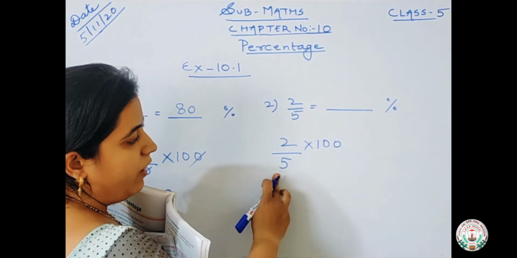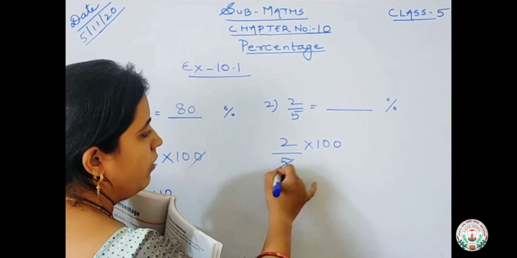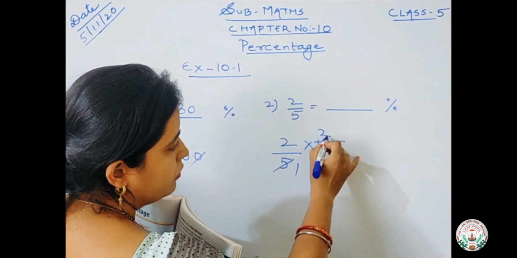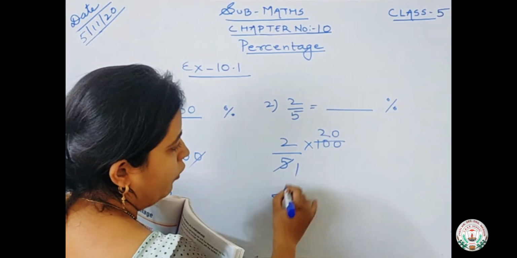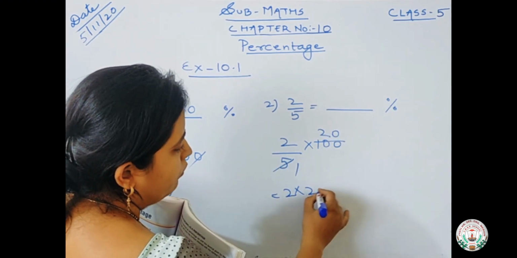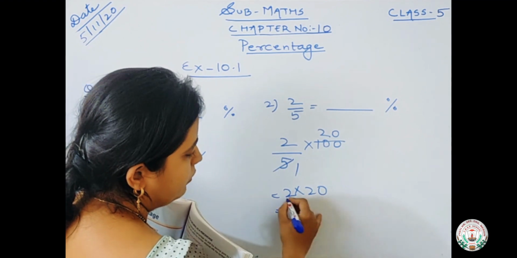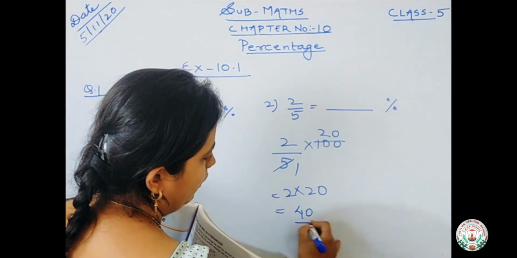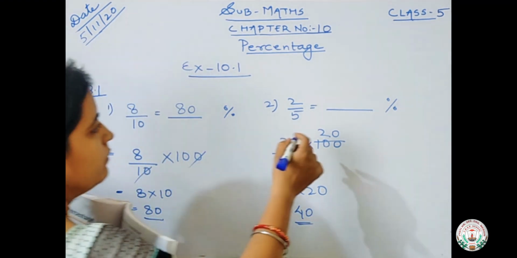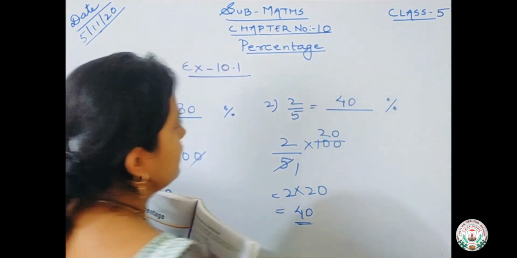Numerator and denominator we have read in the last chapter. In the table of 5, 100 comes: 5 ones are 5, 5 twos are 10, 5 zeros are 0. So what is left? 2 into 20, which is 2 twos are 4, 40. So 2 by 5 is equals to 40%.